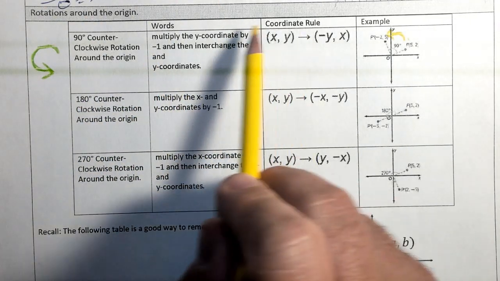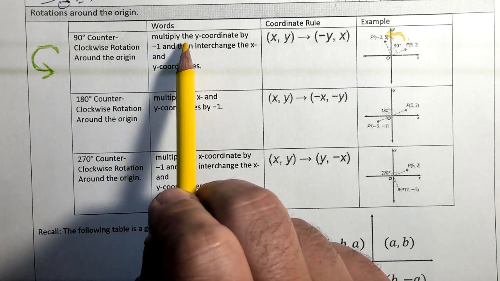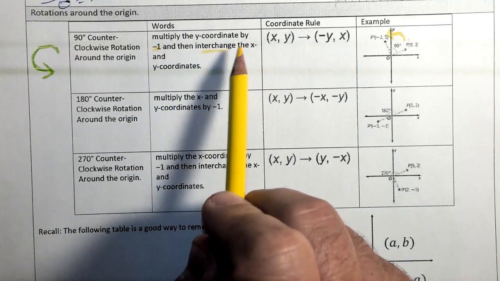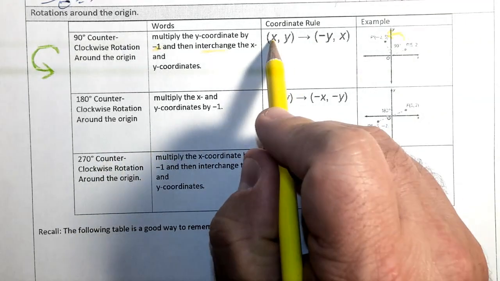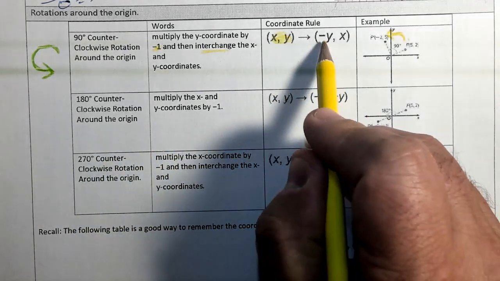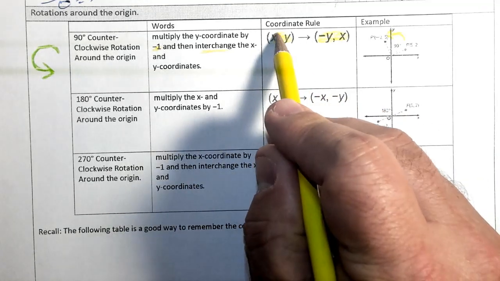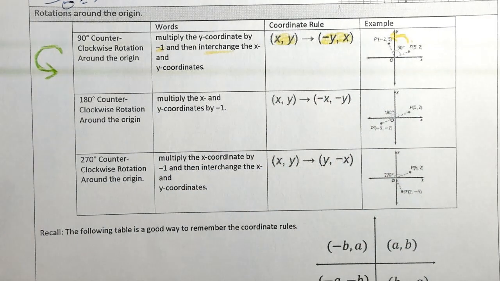To get our coordinate rule, the words are: multiply the y-coordinate by -1, and then interchange the x and y. So our x comma y becomes -y comma x. And I recommend you write these down. Of course, we have our anchor chart in the classroom, but if you make a habit of writing this, it'll stick somewhere in the back of your brain, especially come EOC time.